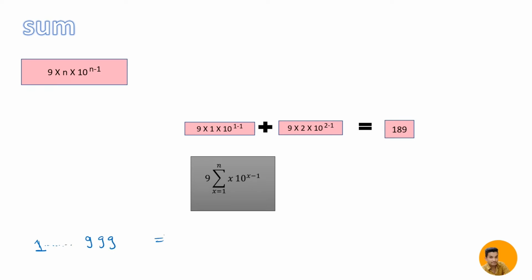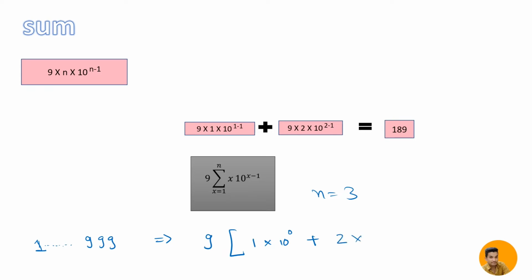Then you would simply put this in the formula. This would be x is 1 into 10 to the power 0 plus x would be 2 this time, and n is 3, right? Because we need to find the total number of digits from 1 to 3 digits. n is 3. So this time x would be 2, right?